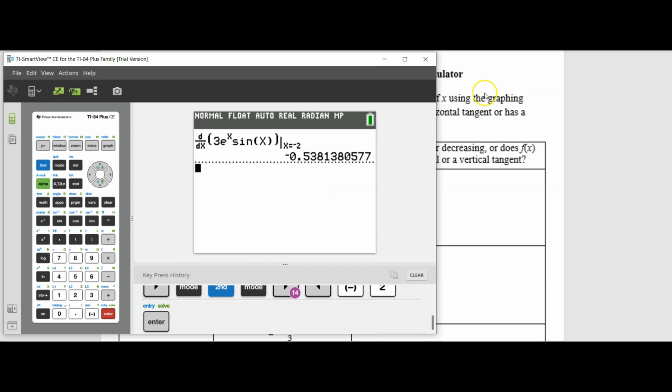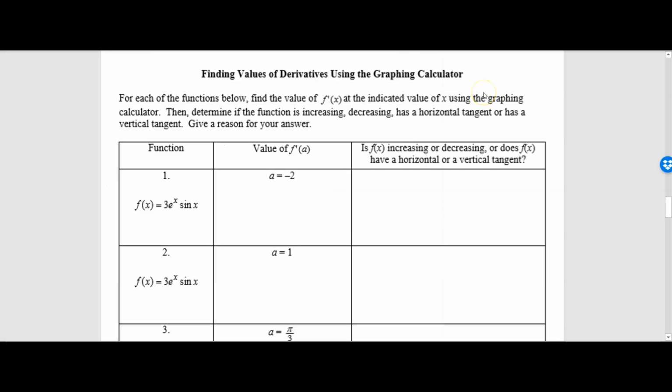We could come back to our screen over here and type in our value, so we get -0.538. We should say approximately equal to because it wasn't exact. They ask us a question: is f of x increasing or decreasing, or does f of x have a horizontal tangent or a vertical tangent?